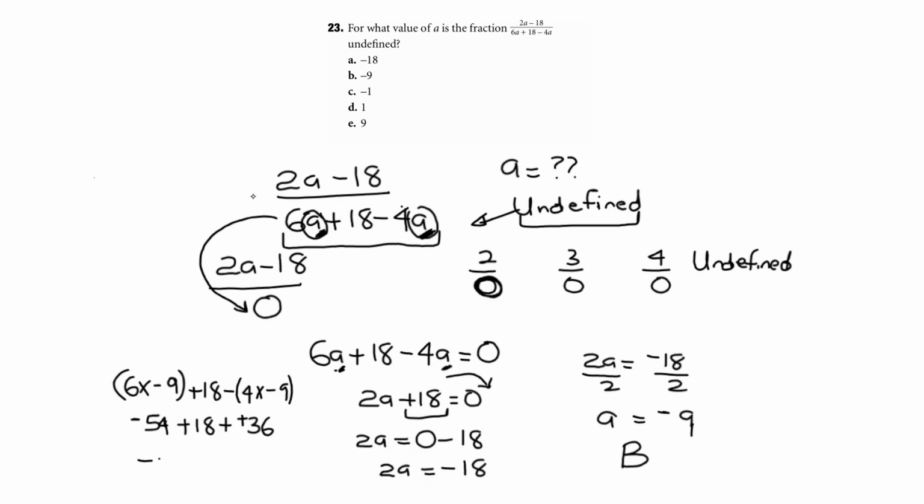So we are going to have negative 54, plus 18, plus 36, is a 54. We realize that this is actually equal to 0. So the value of a, where we punch in and get the denominator to a 0, is actually negative 9, which is option B.